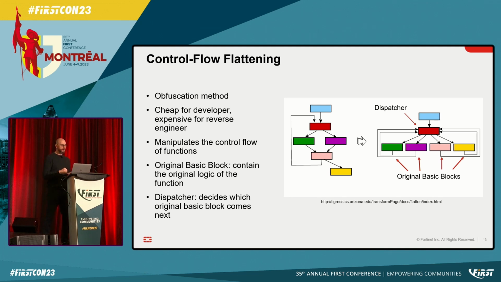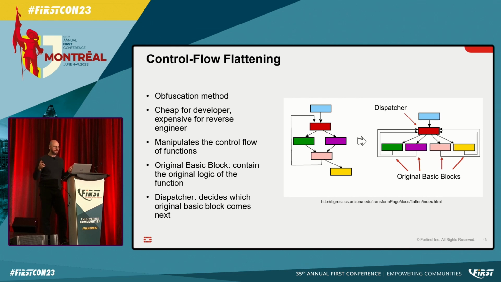Now, if you apply control flow flattening to this function, you get the control flow graph on the right. Not surprisingly, it's flattened. Basically, all the basic blocks that have the useful code are on the same level, and it implements a switch-case state machine.